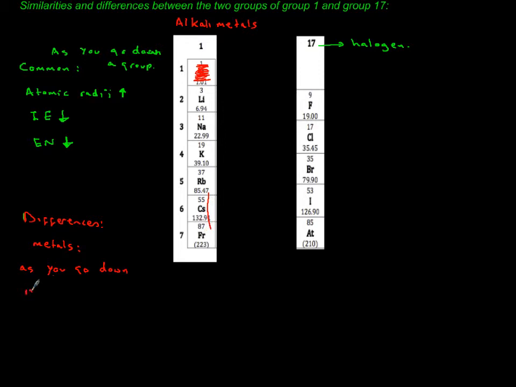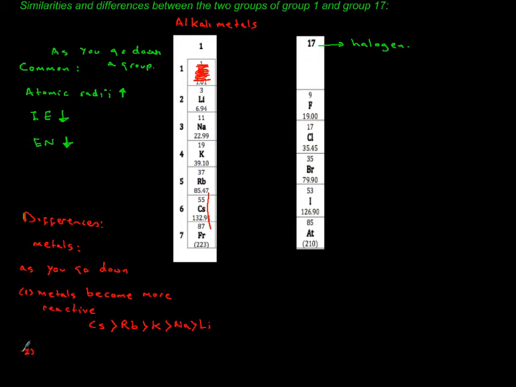So the first is that metals become more reactive compared to each other. In that case, cesium is the most reactive, then rubidium, which is more reactive than potassium, and potassium more reactive than sodium, sodium more than lithium.